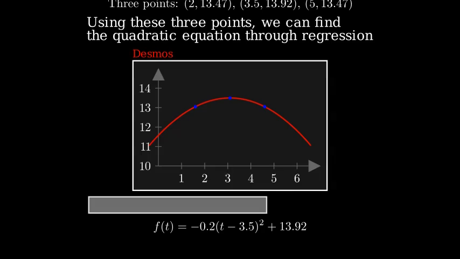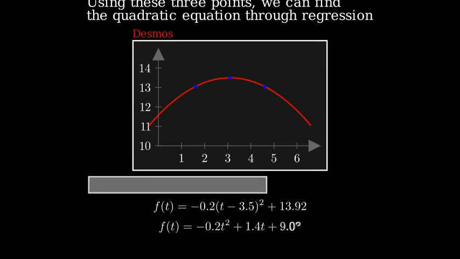F of t equals negative 0.2 times the quantity t minus 3.5 squared plus 13.92. The calculator might show this in standard form as f of t equals negative 0.2t squared plus 1.4t plus 9.03. Let's verify our answer by evaluating the function at t equals 0 using the standard form.